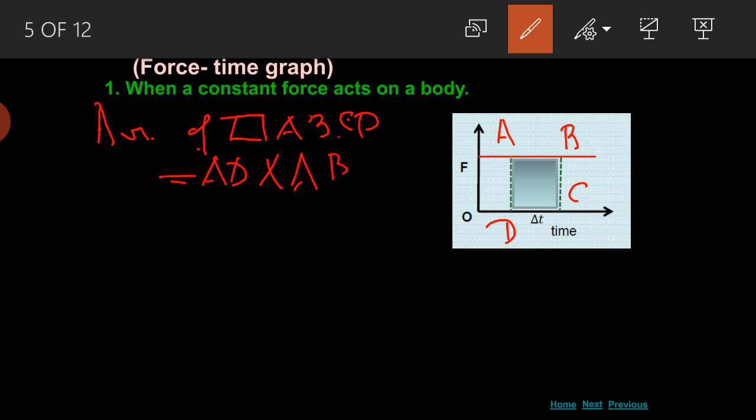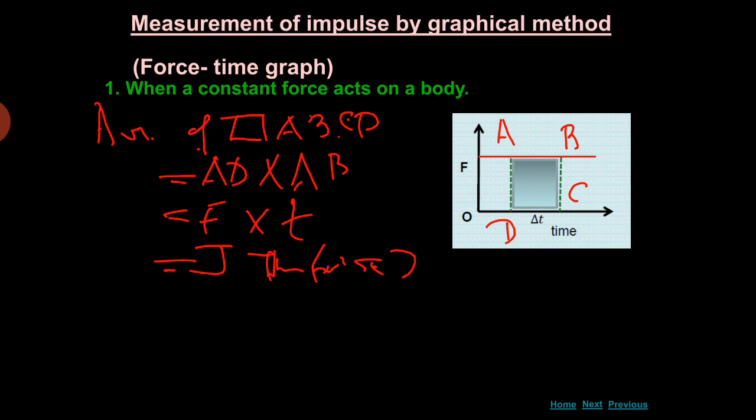Now, AD is equal to F and AB is equal to time T. So, what we get is F into T, and this is equal to J, that is impulse in magnitude. It means the area under the force time graph represents the impulse of the force.